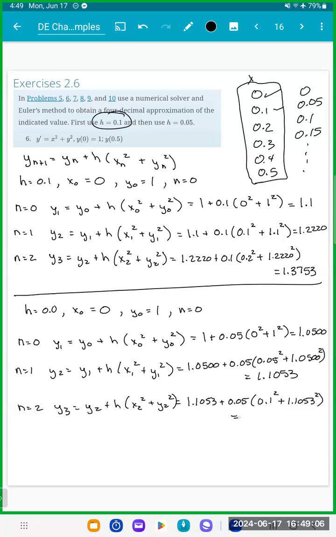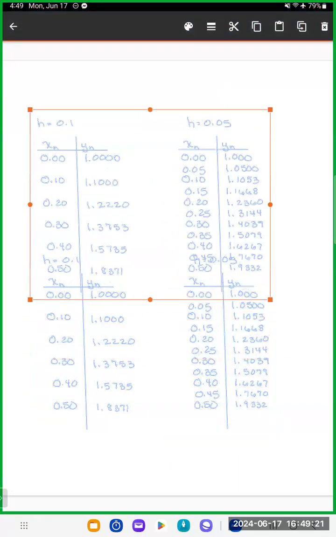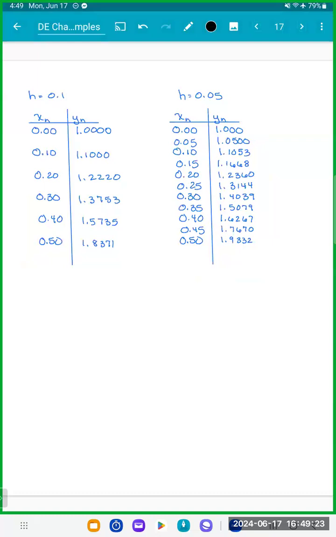So when we do the math on that, we get 1.1668. And you can continue on just as we could with the previous one. And here's the table that you will end up building. So I would encourage you to go out, practice that a little more, and do those calculations, because you probably will see this type of calculation again in some form, either on a quiz or an exam.